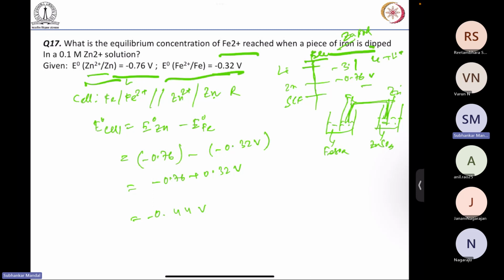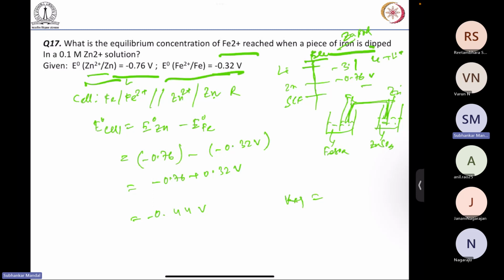Now we have to calculate the equilibrium concentration of Fe2+. For this reaction, what can we write for the equilibrium constant?